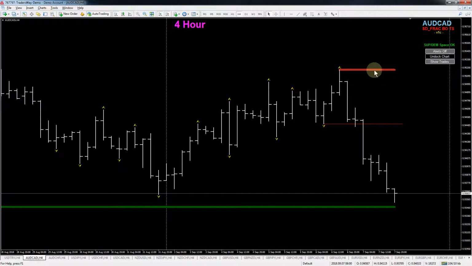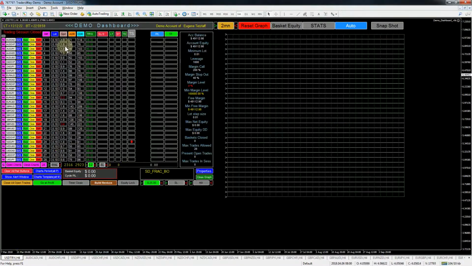That way it's confirmed that this is a good point or zone. So we would have got in right here, and I'm using a 2-pip buffer, and on the Aussie CAD we would have gone for 14 pips.